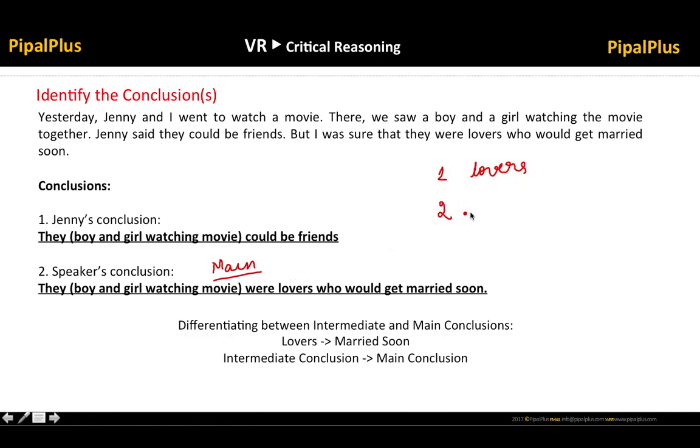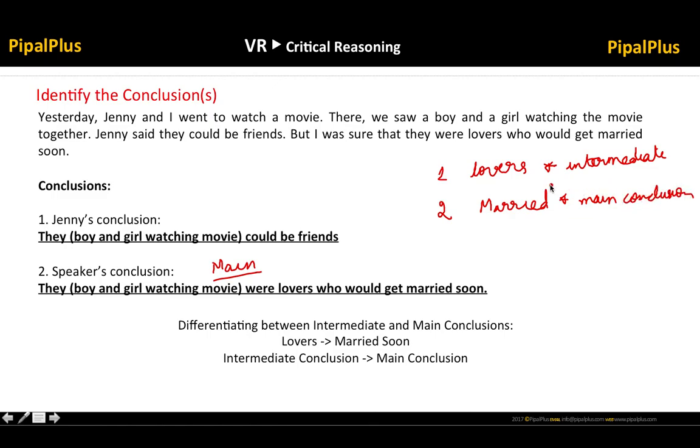The second conclusion is they will be married soon. Clearly, if they are lovers, they will get married, right? So therefore, this becomes the intermediate conclusion, and this becomes the main conclusion.